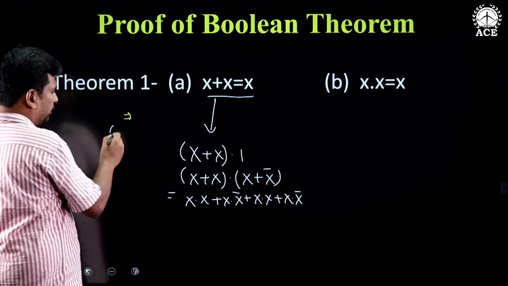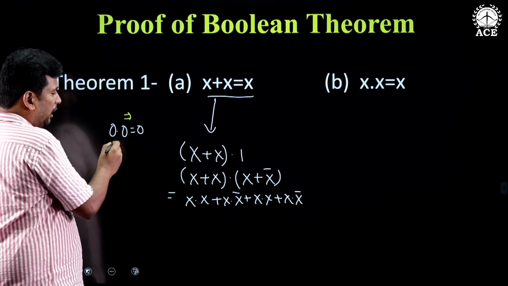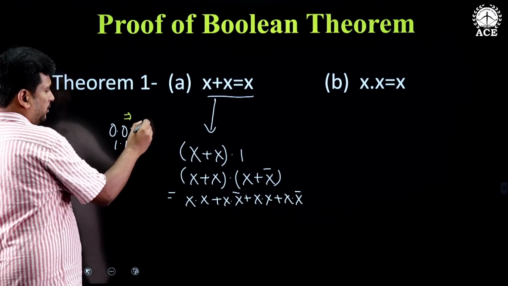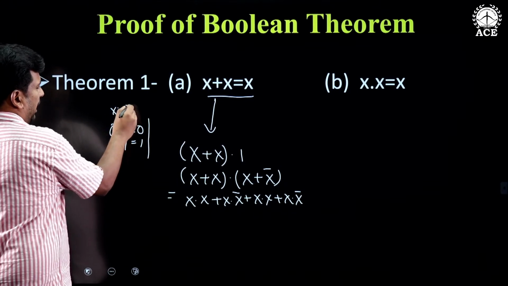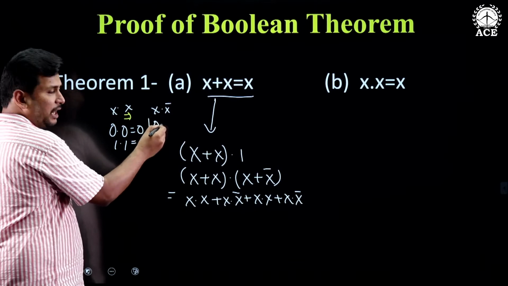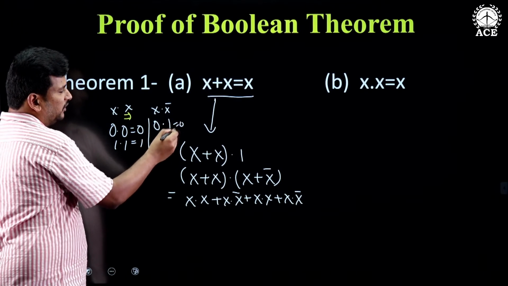If X equals 0, 0 AND with 0 is 0, 1 AND with 1 is 1. Similarly X AND with X complement: 0 AND with 1 or 1 AND with 0 is 0.